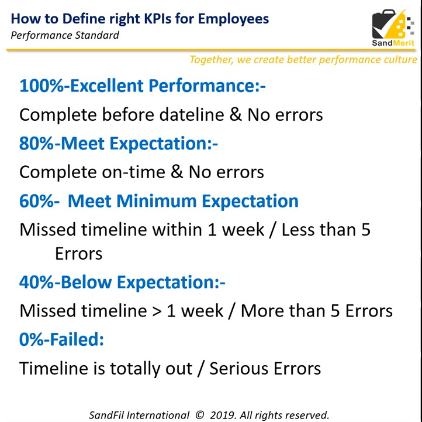If the employee can exceed your expectation, for instance in customer service, if the employee achieves more than 90%, that means excellent performance. If the employee only meets the 90% customer service score, it is 80%, and so on. So you define the categories and the performance range. This will be the performance standard that you use to measure all KPIs.